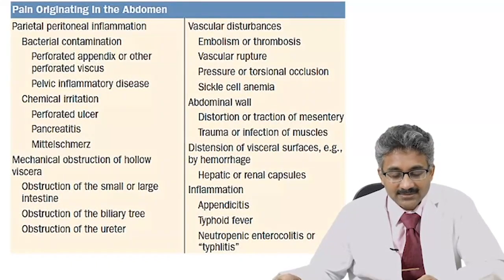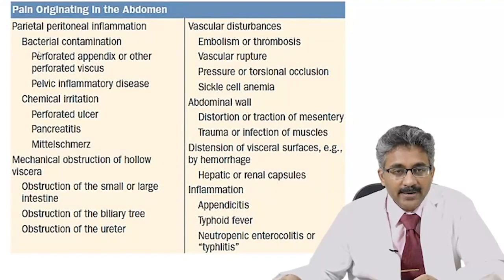So steady and aching pain will be there in parietal peritoneal inflammation. What are the causes of parietal peritoneal inflammation? It could be due to bacterial contamination or chemical irritation.